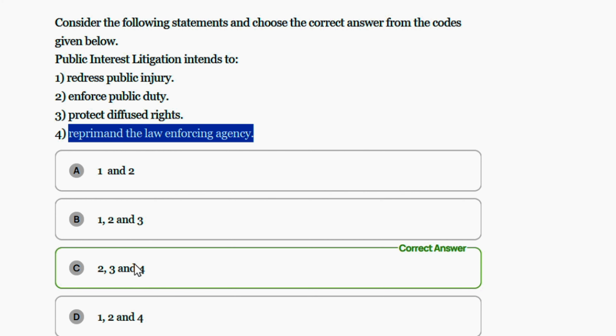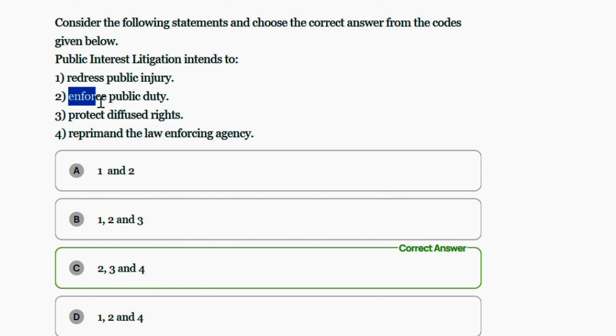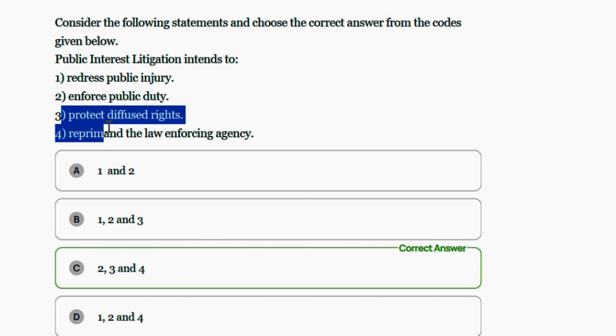This is the correct answer. Public interest litigation intends to enforce public duty, protect diffuse rights, and reprimand the law enforcing agency.